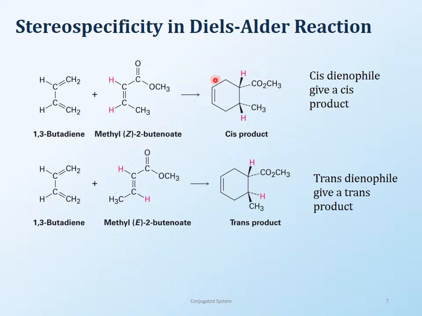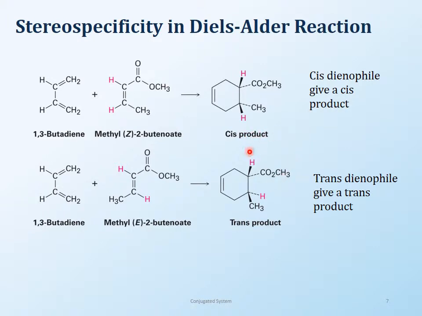Now you get this product, which is a cis product here, but you also get the enantiomer of this, in which both of these hydrogens are going back. In some cases, you have symmetry, and so it doesn't really matter if you have enantiomers, because then you'll have a meso compound. But in some cases, this matters because you will have two products in the end, this compound and then the mirror image of it.